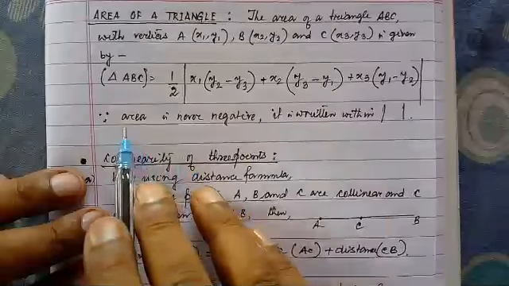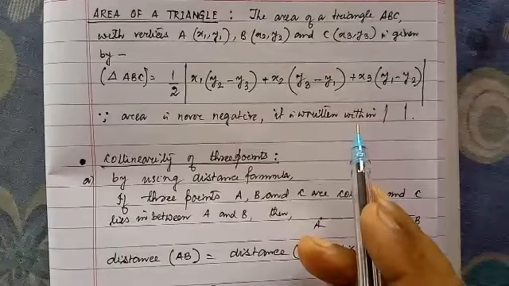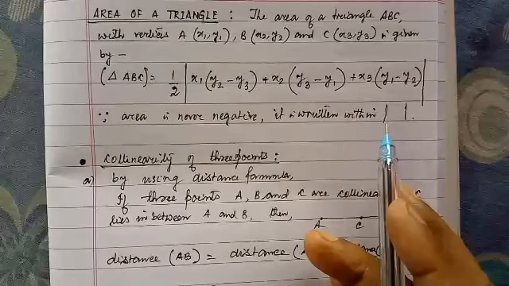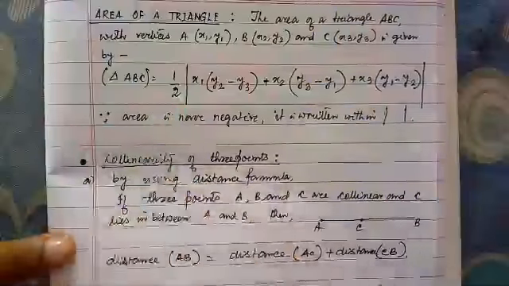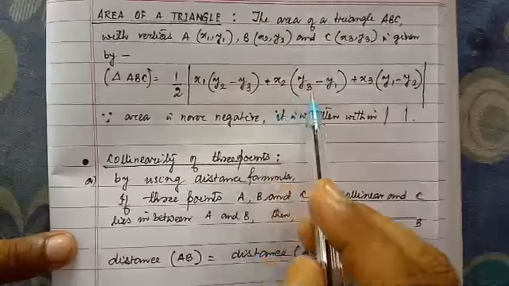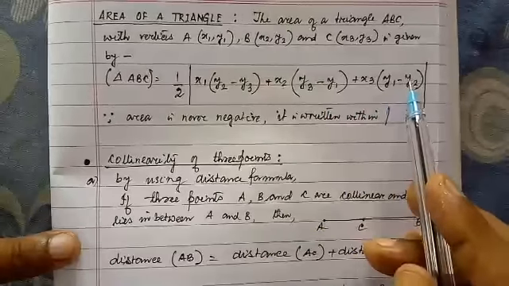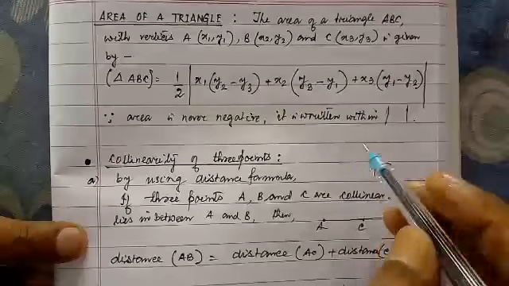Why modulus? Because area is never negative; it is always written within the modulus, meaning a positive value. Area equals x1 (y2 minus y3) plus x2 (y3 minus y1) plus x3 (y1 minus y2).